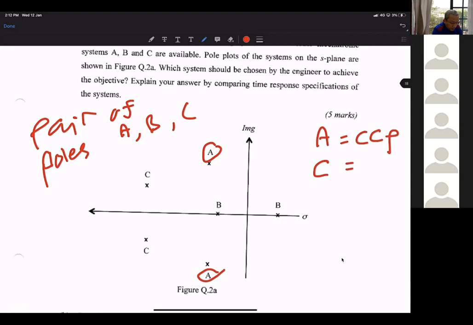C, also a complex conjugate pole. B is a real pole.